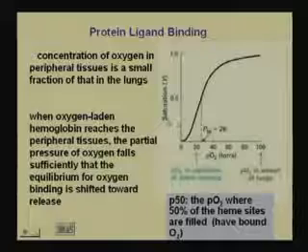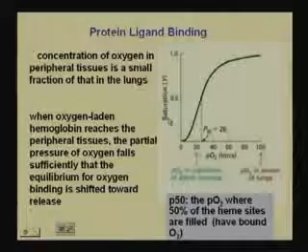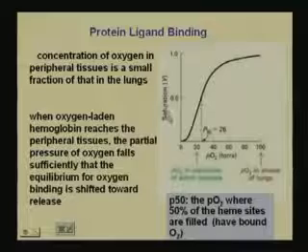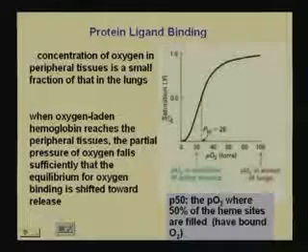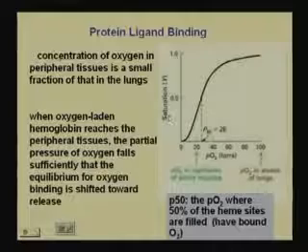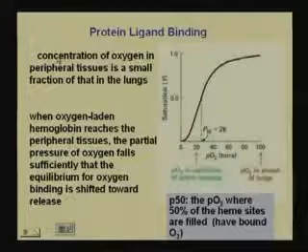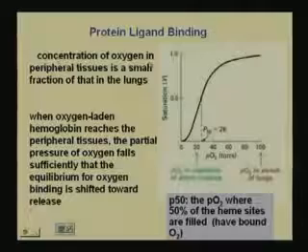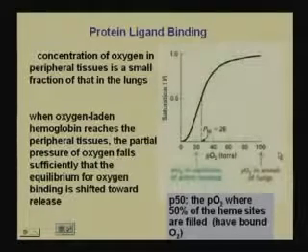What we are talking about is a fraction that is occupied. What is occupied? The protein sites are bound with oxygen. So, we have a concentration of oxygen in the peripheral tissues.